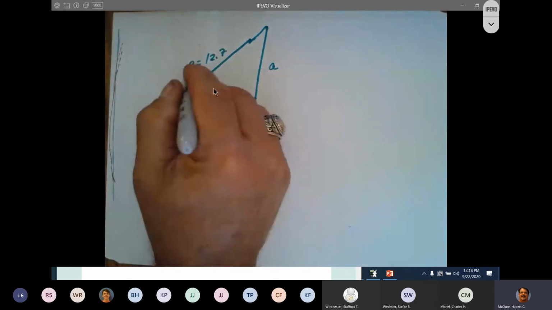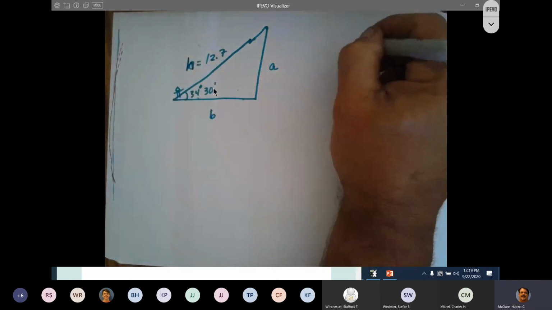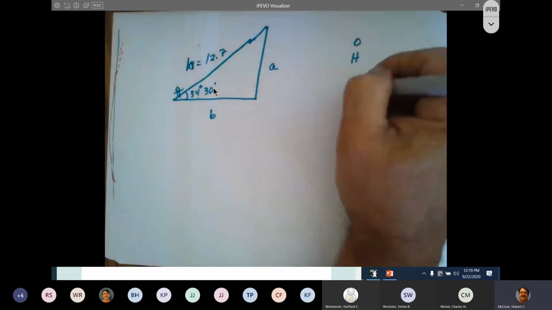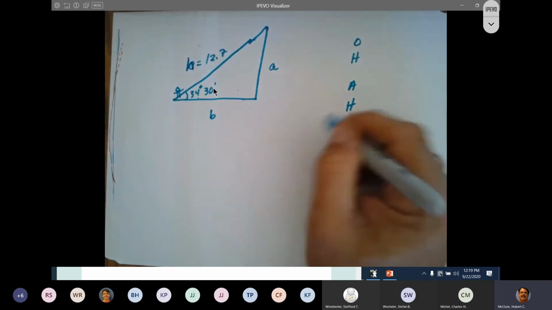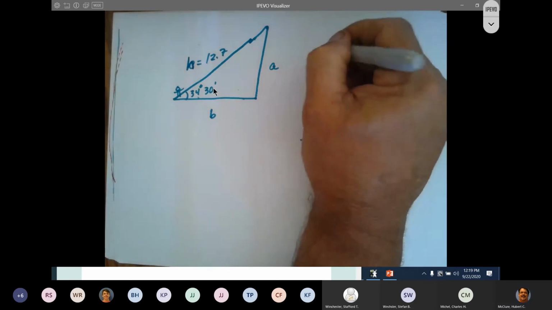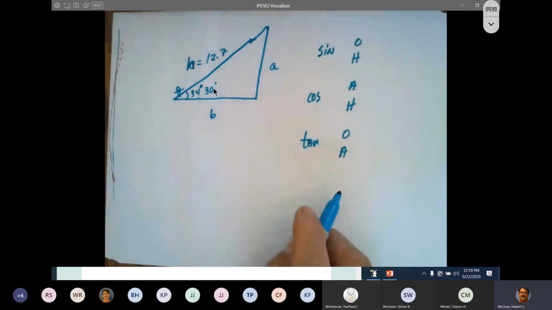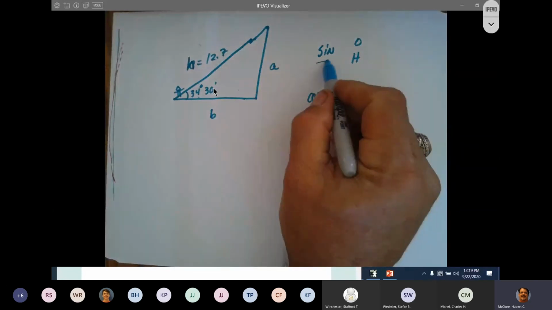So that means we have hypotenuse. So that means Oscar had a hunk of apple. Tan, cosine, sine. Now, I'm going to tell you this right now. Most of your practical applications are going to be with these three.